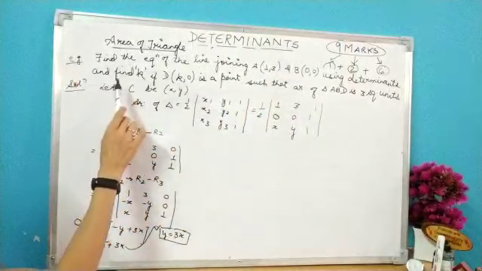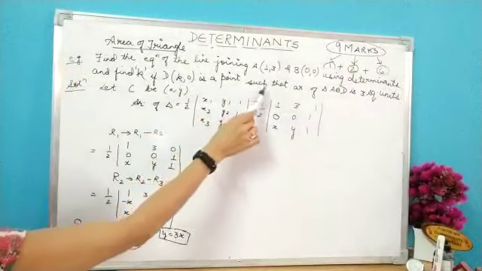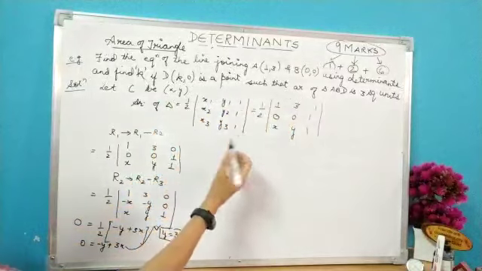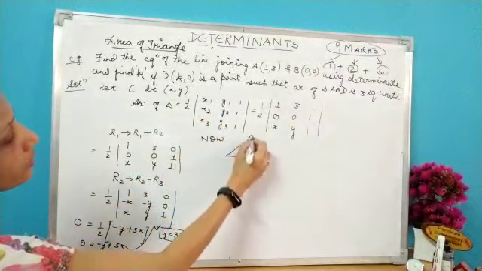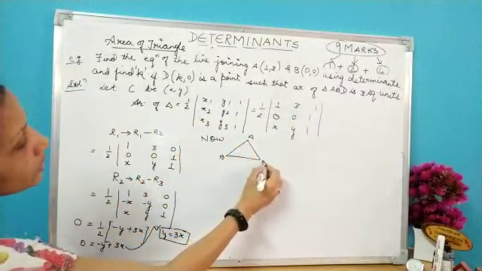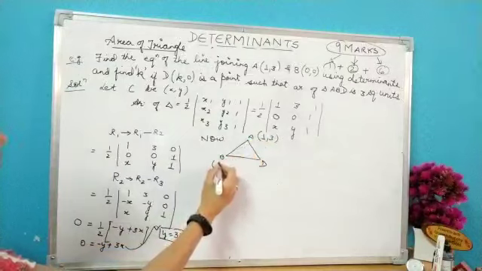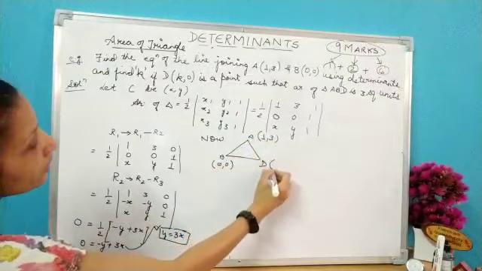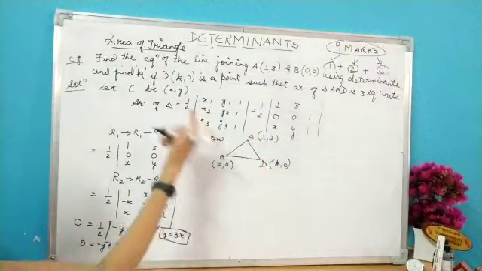Now the next part says find k if D is a point such that area of triangle ABD. Now I am considering another triangle. Say this is ABD. Vertices of A, B and D are given in this form. I need to find out the value of k.